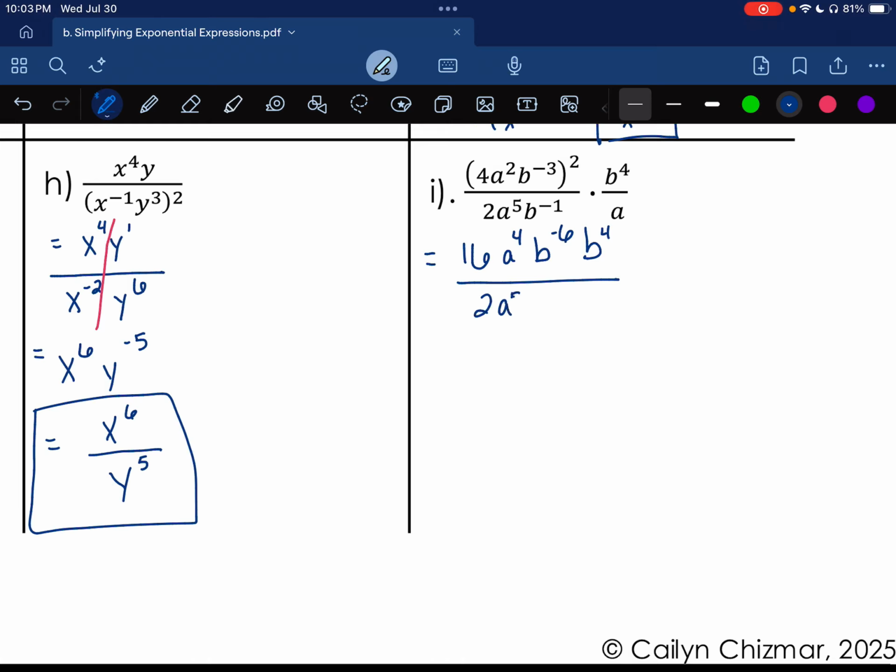But I have b to the negative 6th and b to the 4th, which I can add those exponents and I'll get b to the negative 2nd.